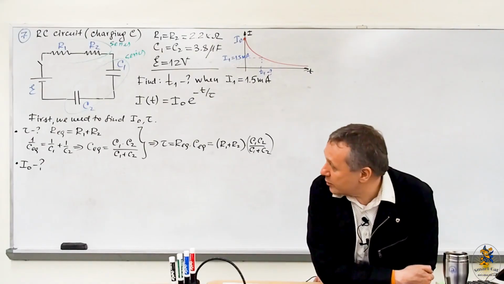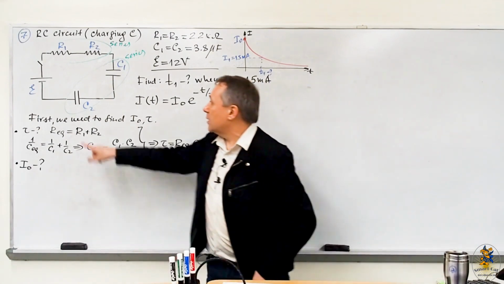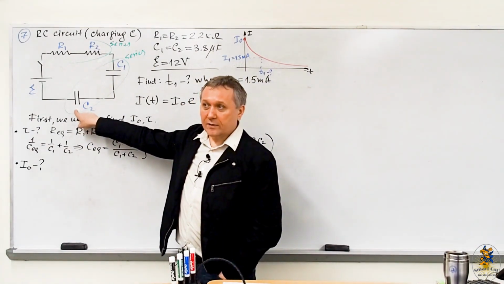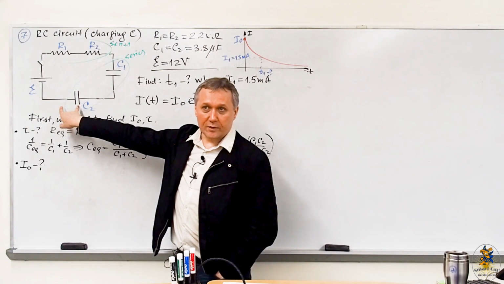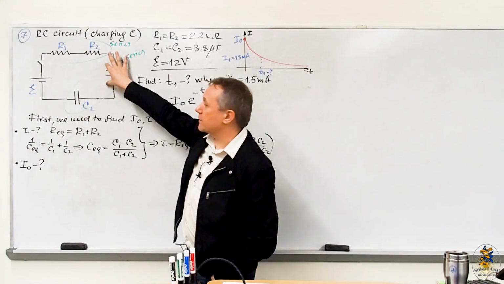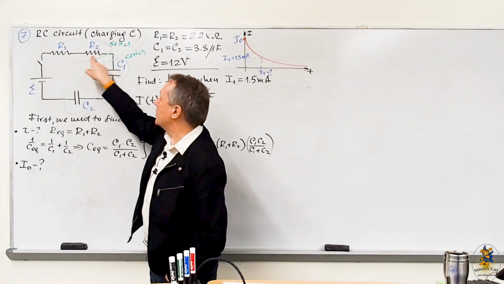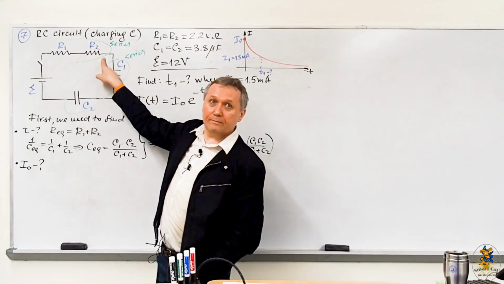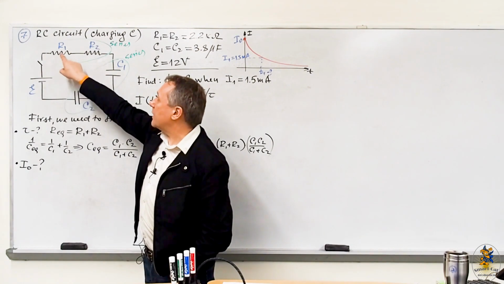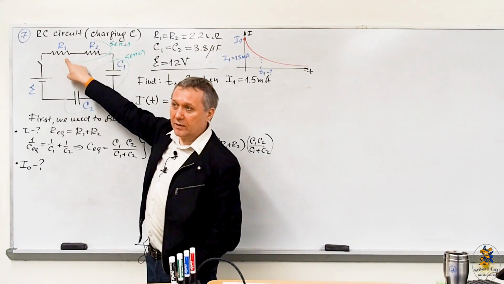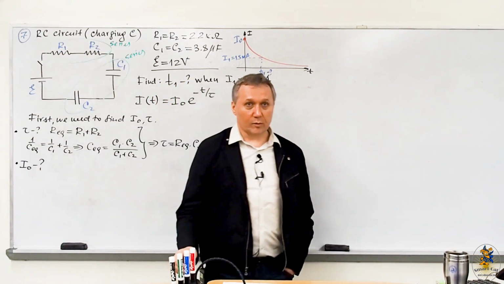The maximum current is at the initial moment of time, when, as I said a few minutes ago, the potential difference across this is 0, it's empty, and the potential difference across this is also 0 because it's empty. So all this EMF is going to be across these two resistors. So it will be EMF divided by the equivalent resistance, basically R1 plus R2. That will be the maximum amount of current.